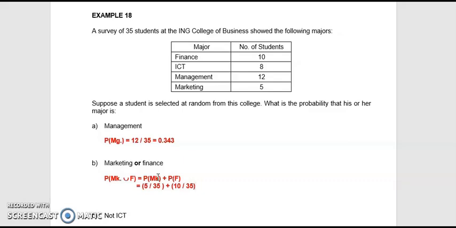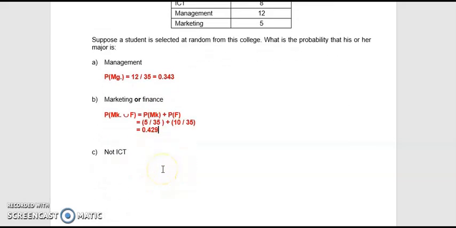Mutually exclusive means disjoint, or in this example, one student cannot enroll for 2 majors. If you take finance, then you cannot be a marketing student at the same time. So that is meant by mutually exclusive. So here the answer will be 0.429.